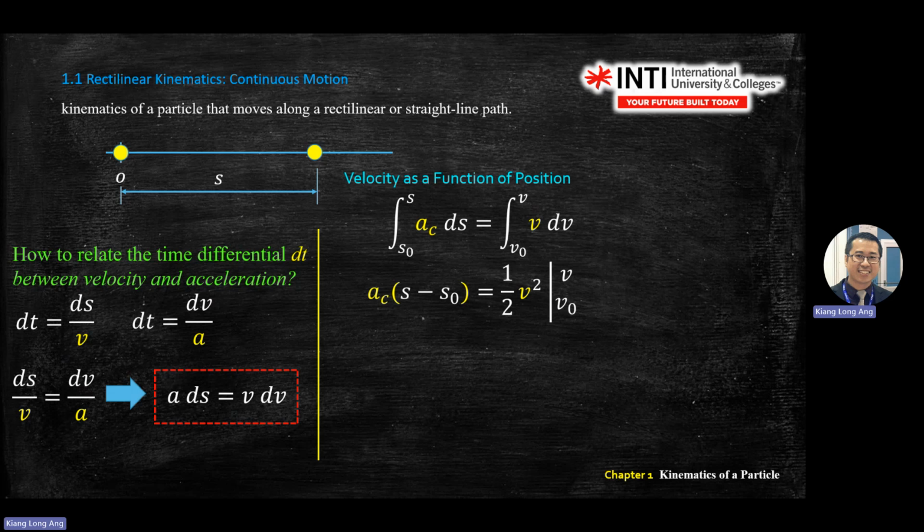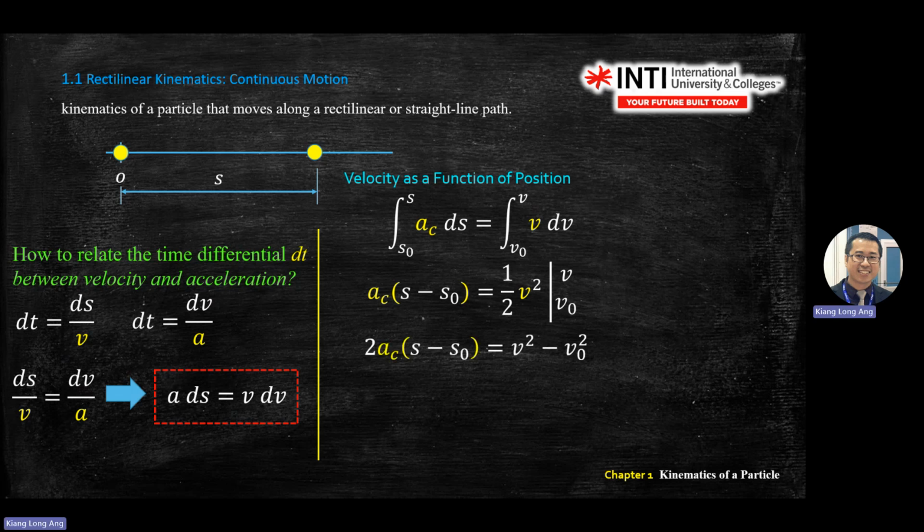Then you bracket, then you do the substitution. So when you substitute, you have a v here. This substitution, this substitution. Then you tidy up the equation, you will get this equation.